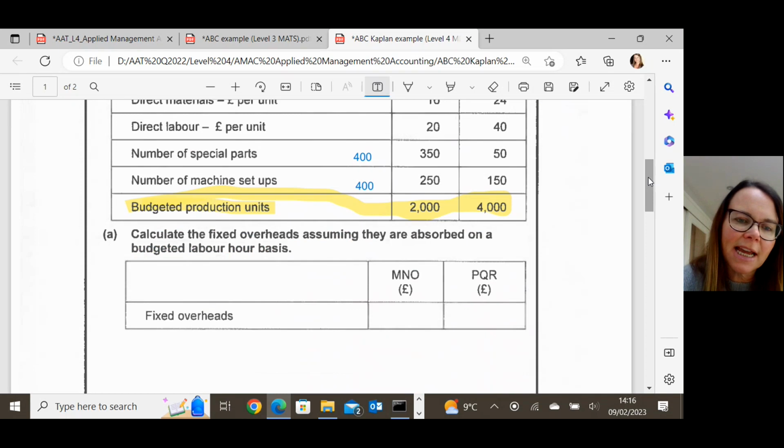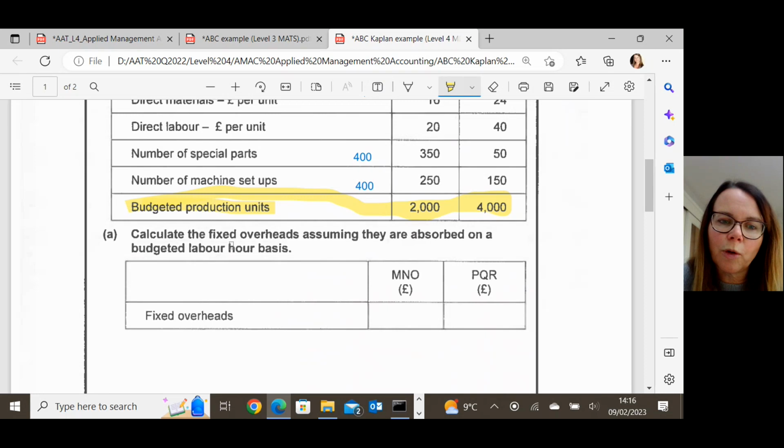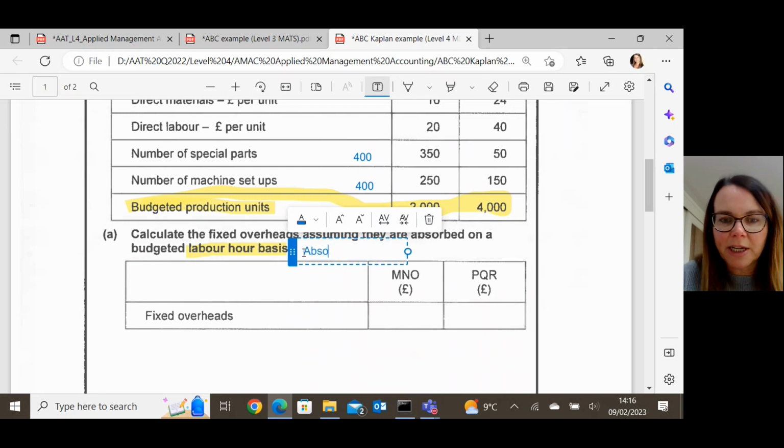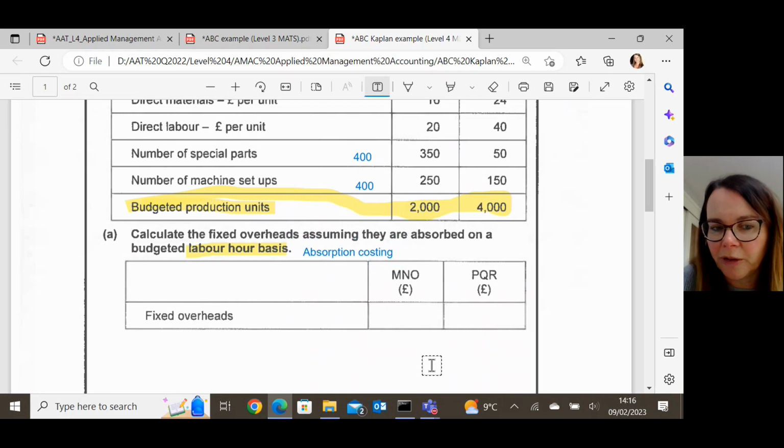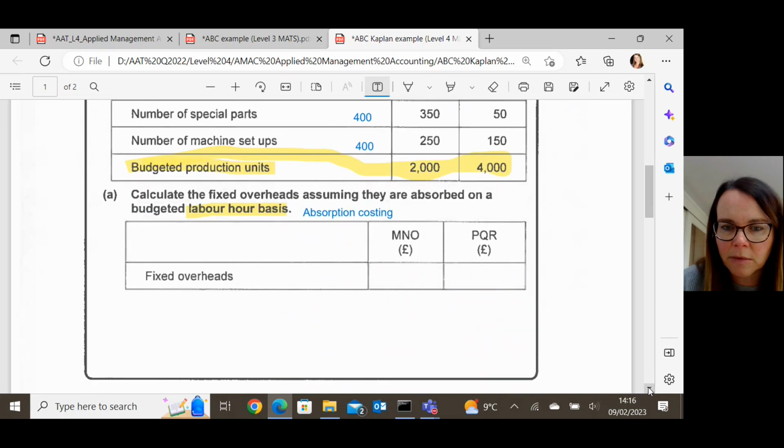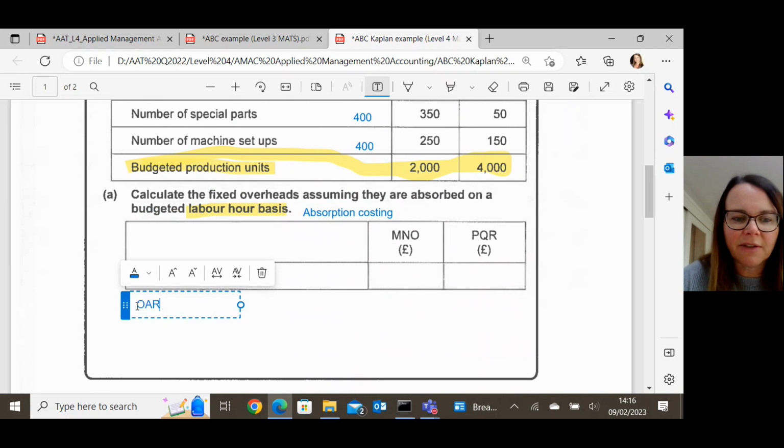It says calculate the fixed overheads assuming they are absorbed on a budgeted labour hour basis. So this part of the question is using traditional absorption costing. To work out how much fixed overhead is going into each product using traditional absorption costing, we first have to work out our overhead absorption rate.